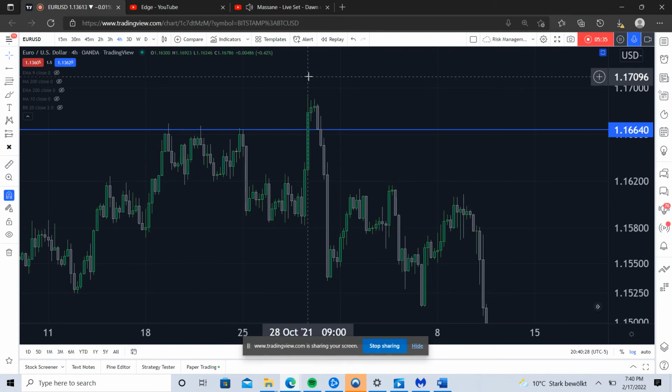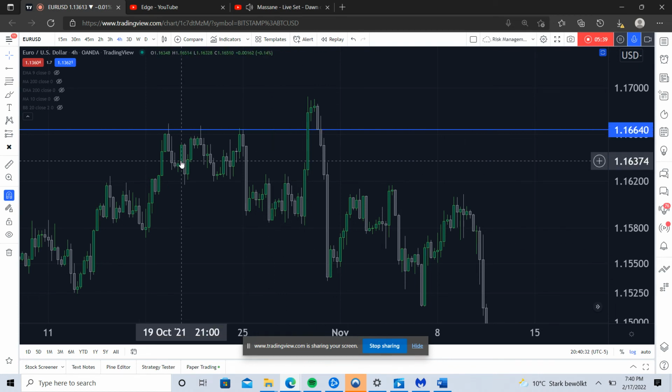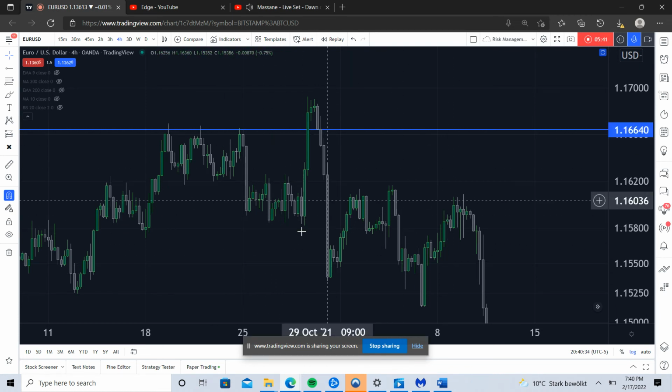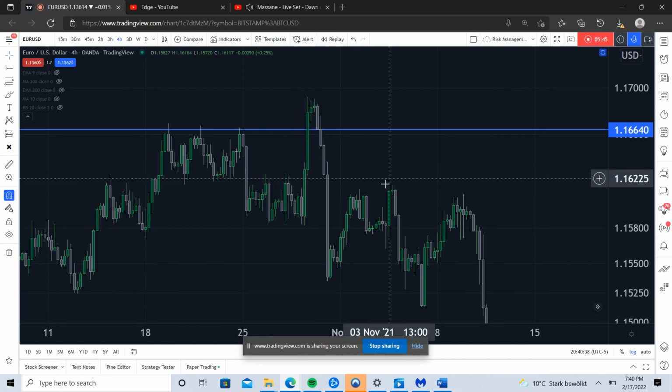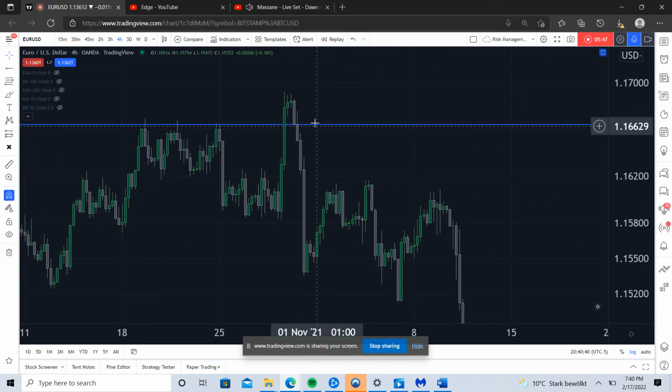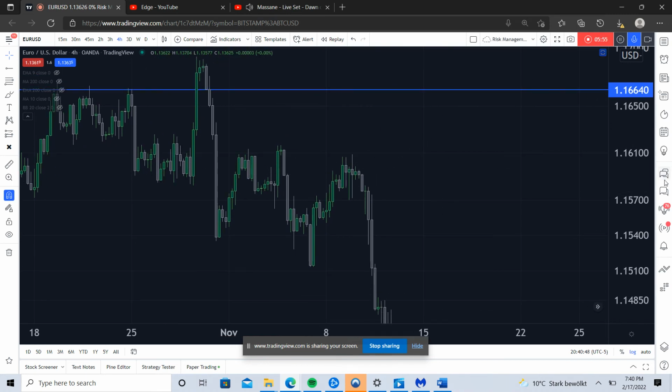So you get higher highs, lower lows, and then ultimately price just oscillates around a little bit before continuing. But the idea is that you've got this high time frame level here, volatility expands, breaks structure, and you get a continuation of the trend in line with the higher time frame idea.